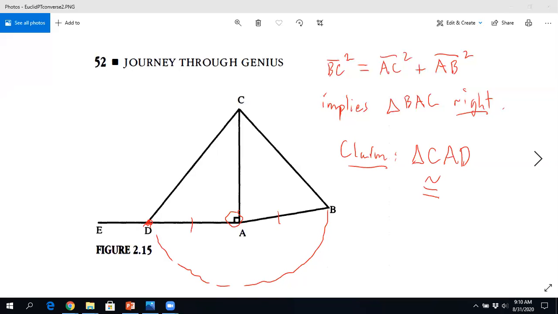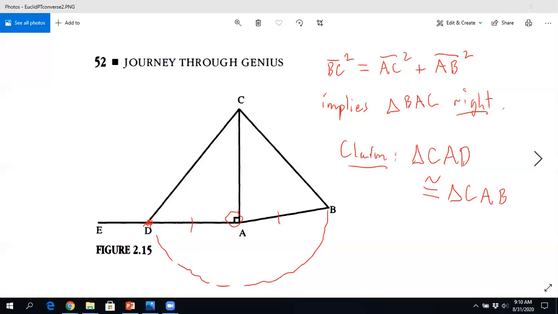Not equals, because equals means they're exactly the same thing, but congruent means that they have all parts that correspond to one another. Triangle CAD is congruent to triangle CAB. That's the claim that he's trying to establish.